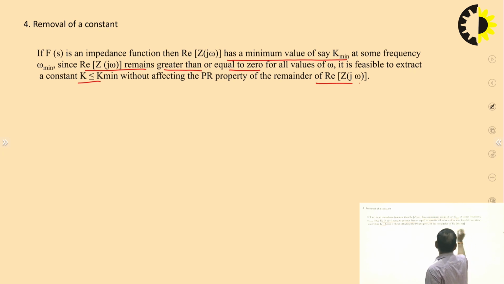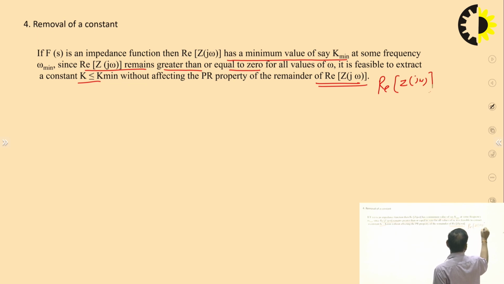The real part of Z(j omega) must be greater than or equal to 0. Okay, so this way we can carry out the synthesis.